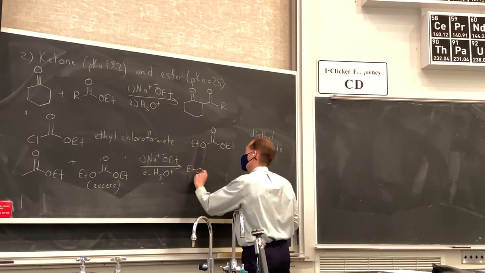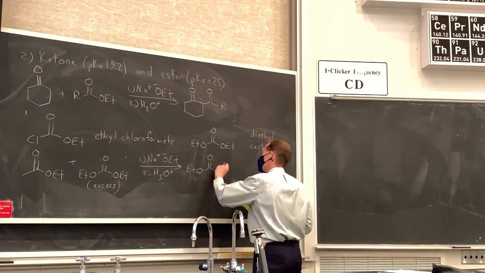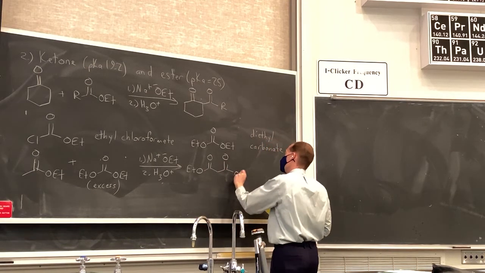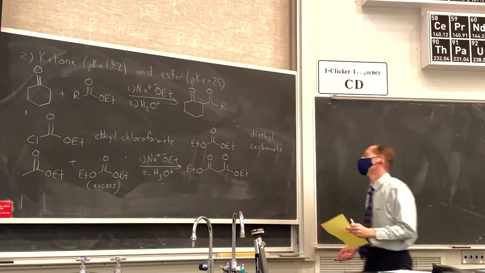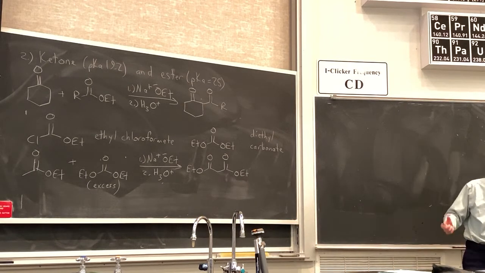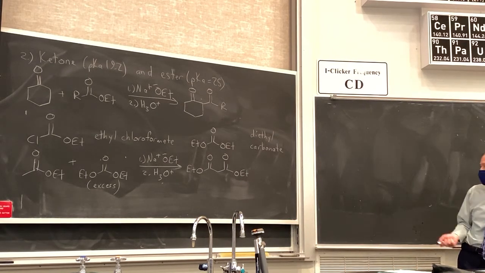So instead of giving us a beta ketoester, because our electrophile is one oxidation state higher, we're now going to generate a 1,3-diester. We're going to generate diethyl malonate in this reaction. Okay, so if you had to synthesize your diethyl malonate, this is a way that you would be able to do that.